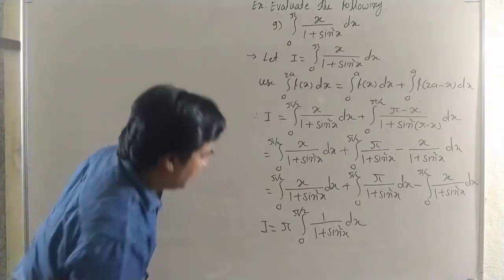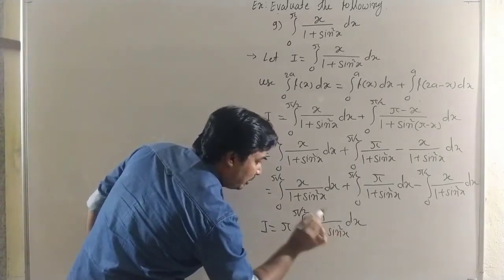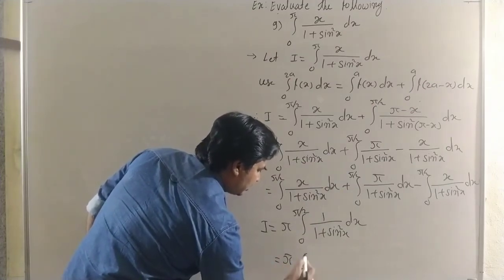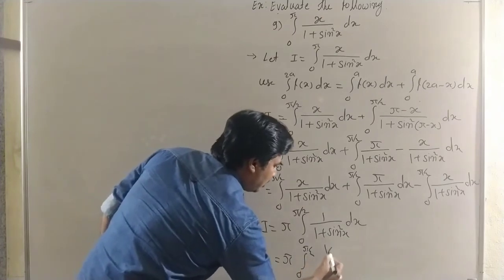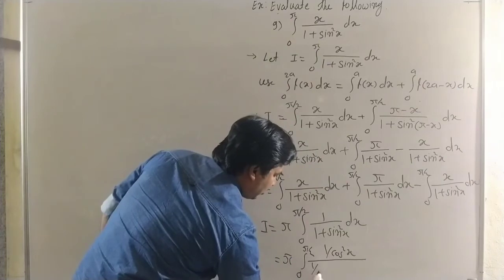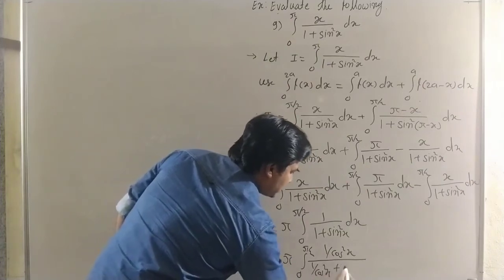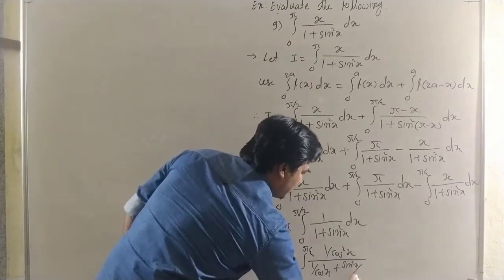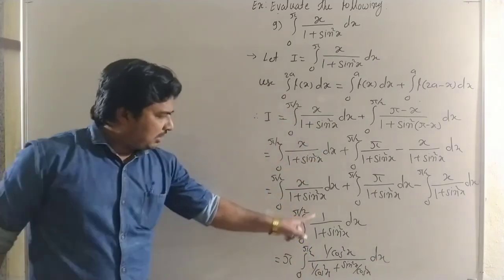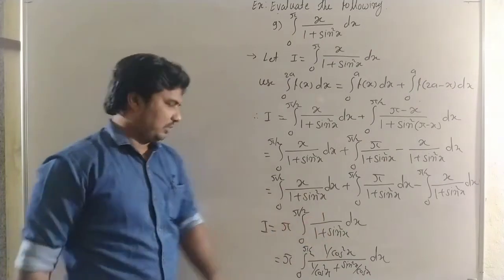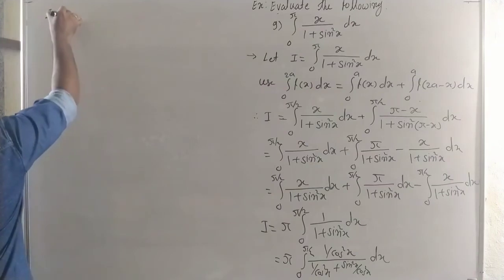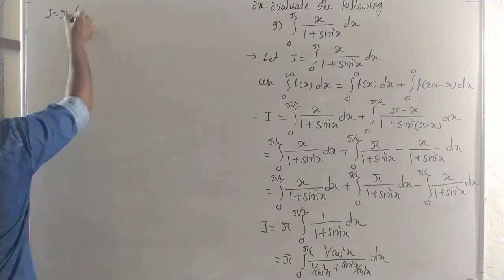Dividing numerator and denominator by cos square x, we get pi into integration 0 to pi by 2 of 1 by cos square x upon 1 by cos square x plus sin square x upon cos square x dx.